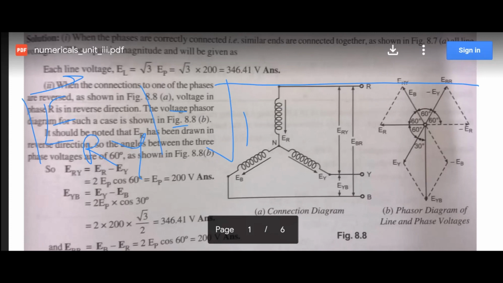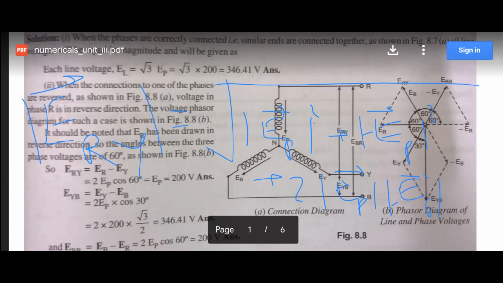Since the magnitude of the phase values is the same, we can write EP mod square plus minus EP vector square plus 2 EP minus EP vector. I am doing this for the first time, all this mod and vector sign, but to save time in the future, this practice will be avoided.